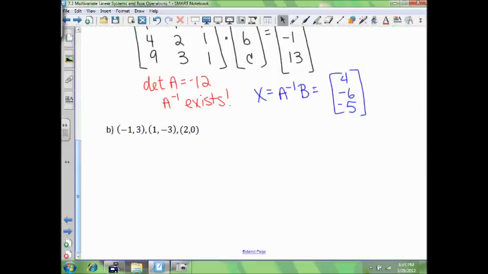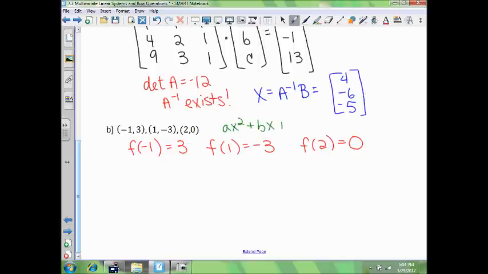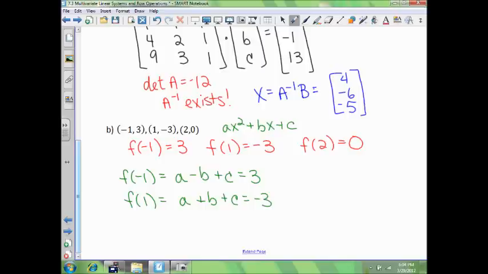Moving on to example B. We're going to use the same process here. F of negative 1 equals 3. F of 1 equals negative 3. F of 2 equals 0. Remember it's ax squared plus bx plus c. So f of negative 1, where x is negative 1, we'll get a minus b plus c equals 3. F of 1 will be a plus b plus c equals negative 3.